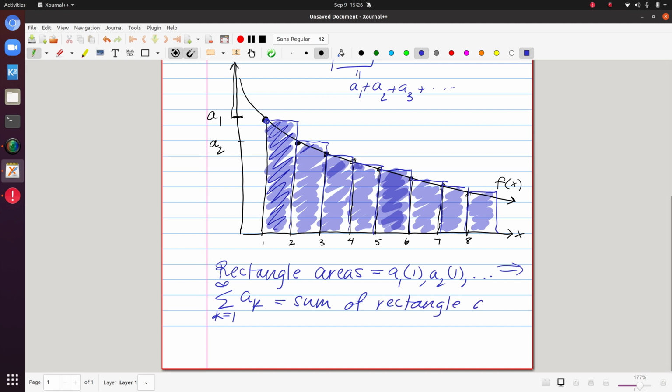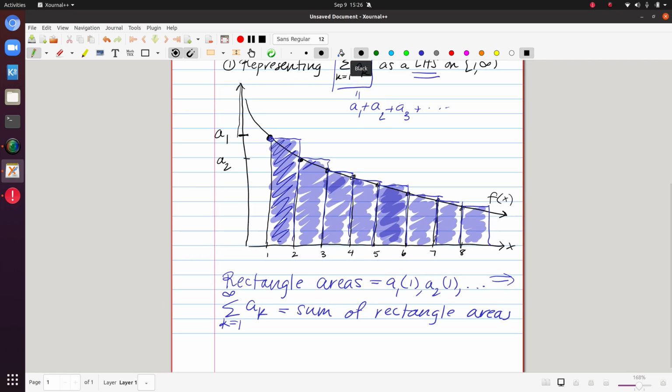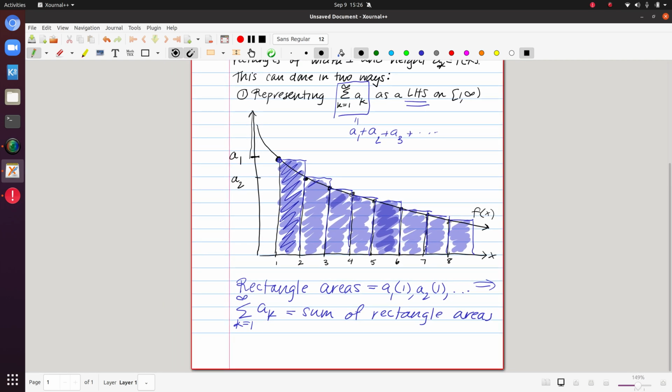And finally, what I want to look at is a comparison of those rectangle areas and the actual area under f of x. From my picture, we can see that the sum from k equals 1 to infinity of a sub k, those rectangles appear to be larger than the actual area under the curve.